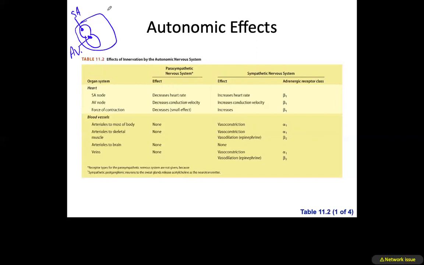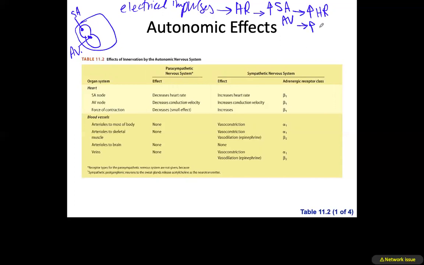These two are responsible for creating electrical impulses that lead to your heart rate. So if there is an increase in SA node activity, that equals an increased heart rate, and vice versa. If there is a decrease in SA node or AV node activity, then there is a decrease in the electrical conduction.